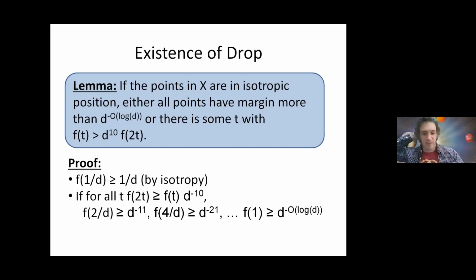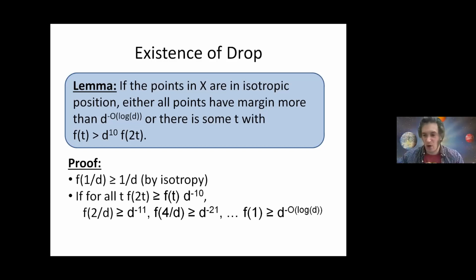By isotropy, we know that f of 1 over d is bigger than or equal to 1 over d or something like that. And if it were the case that for all t, f of 2t was bigger than f of t times d to the minus 10, then we'd have that f of 2 over d is bigger than d to the minus 11, f of 4 over d is bigger than d to the minus 21, and so on and so forth.